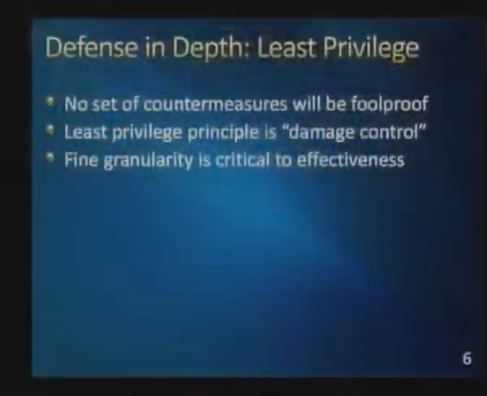Also, you want to make sure that your granularity is fine. If you have least privilege for your entire operating system, obviously that's not so useful. If you have it at your process level, then if the process is compromised, anything the process could do, the attacker would be able to do. But if you can get even finer than that, it mitigates the scope of the attack. So the finer the better.